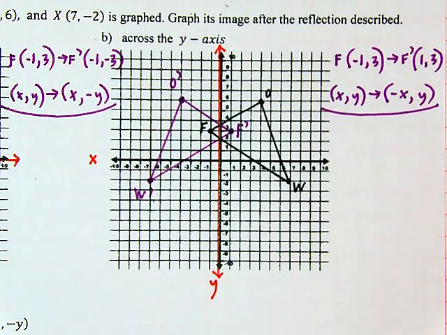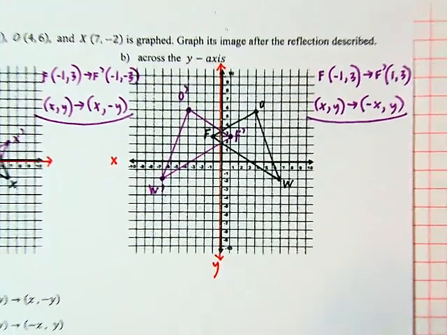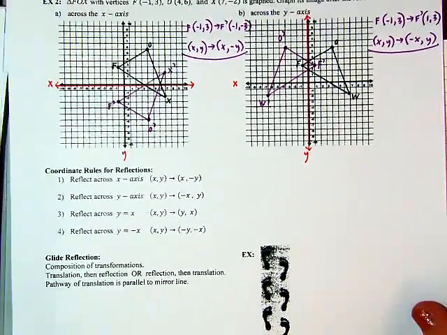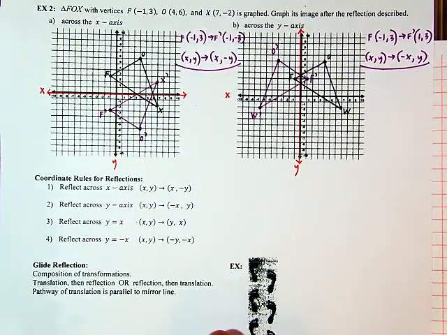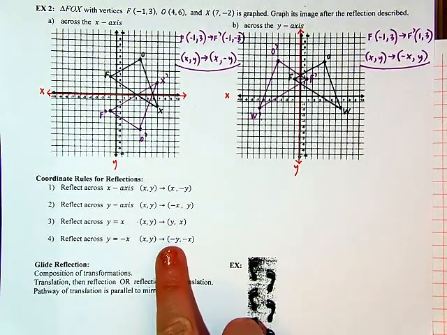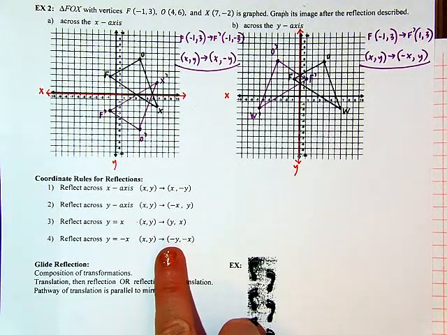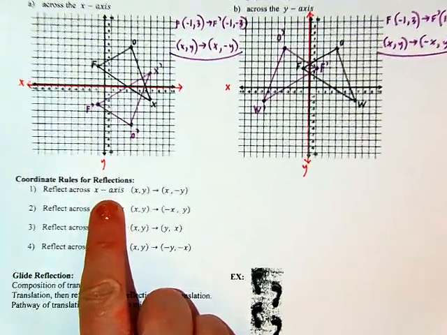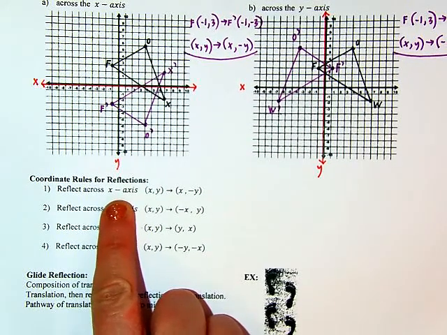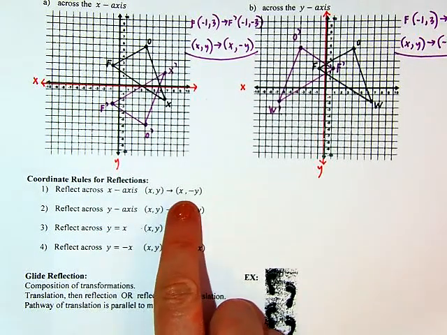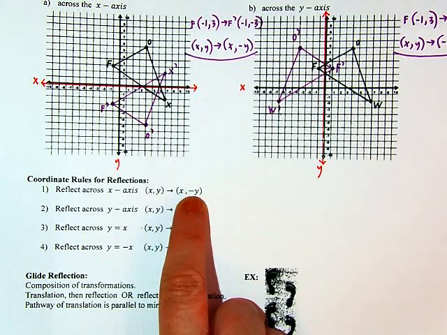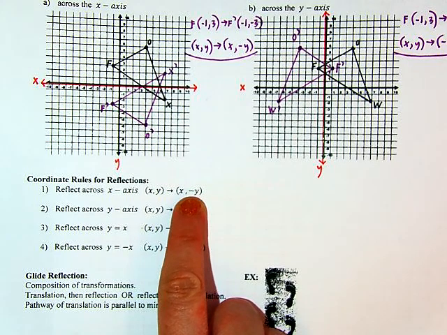All right, next, let me zoom out a smidge. Here I'm giving you just an overview of all of your transformations that are reflections. So all the ones that we're going to do in this class, we are reflecting over the x-axis. I'll get a little tighter. So over the x-axis, that's what we just saw. When we reflect over the x-axis, the x stays the same, but the y switches to the opposite sign.